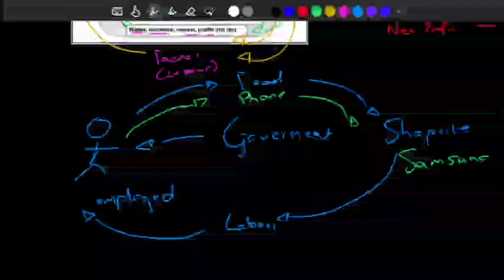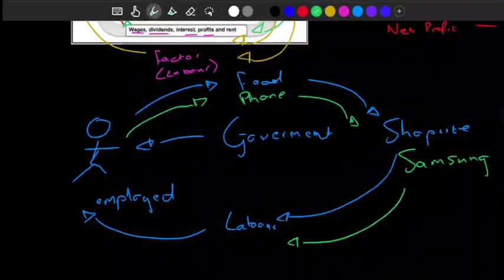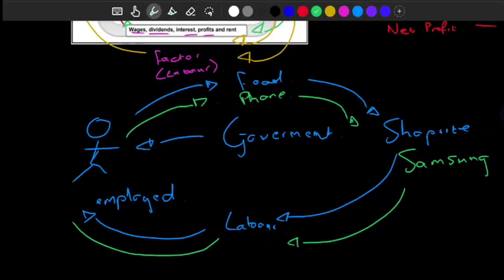Samsung now has money, and Samsung now goes to the labor market and employs someone else like Bongani. And that person receives money, he's also no longer unemployed. So you see how this thing continues to grow and it's connected to each other, right? Once Bongani is employed, government no longer gives money to Bongani.